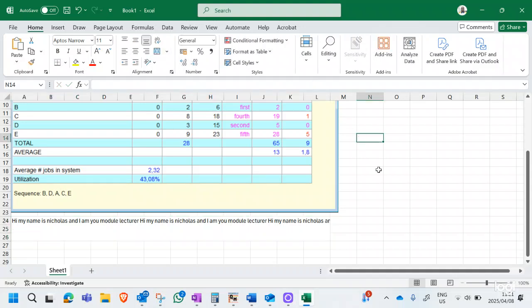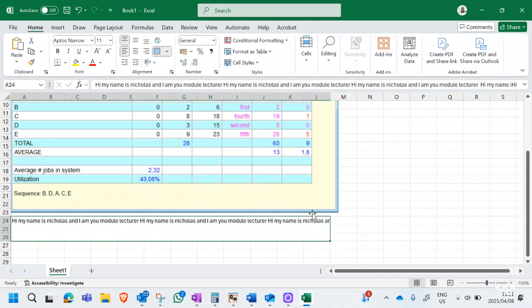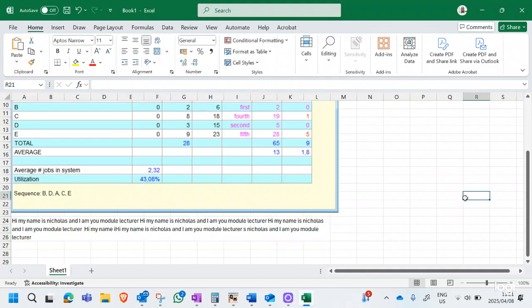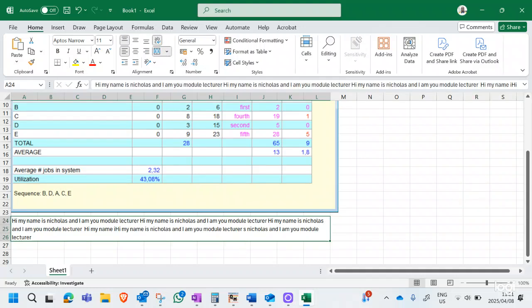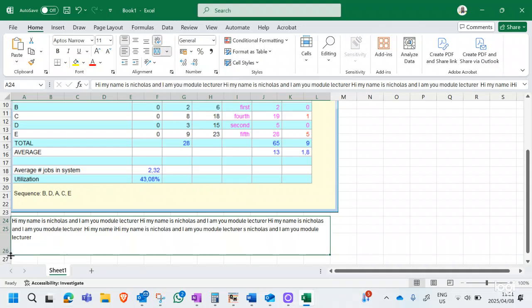So you don't know how to merge. We wrap the text under wrap text. This is recorded, by the way. And if it's still not visible, you expand. If it's still not visible, leave it like that.